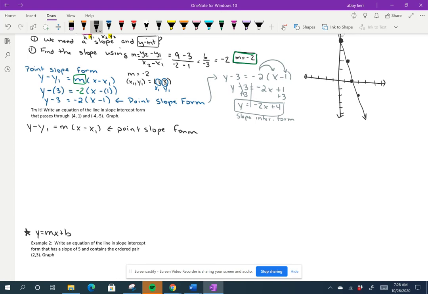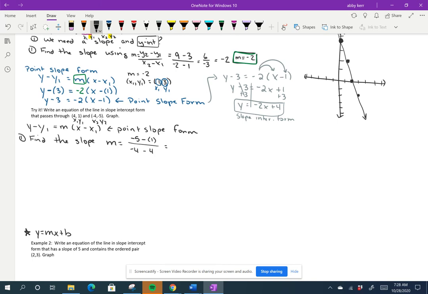Now we are not given the slope, so you have to find the slope. So we're going to do x1, y1, x2, y2. So then it's negative 5 minus 1, and then negative 4 minus 4.